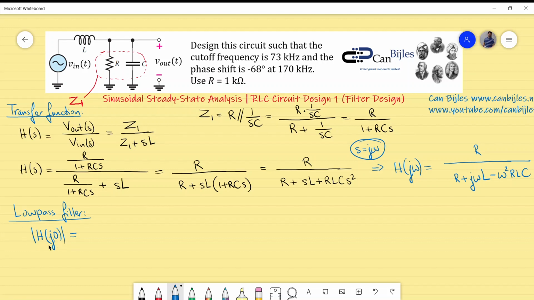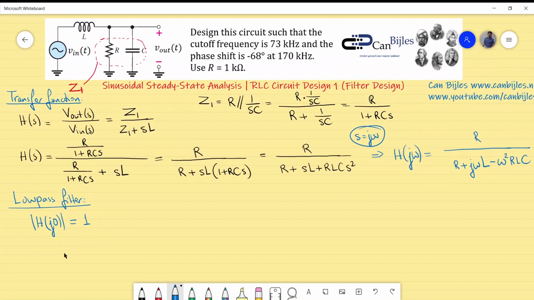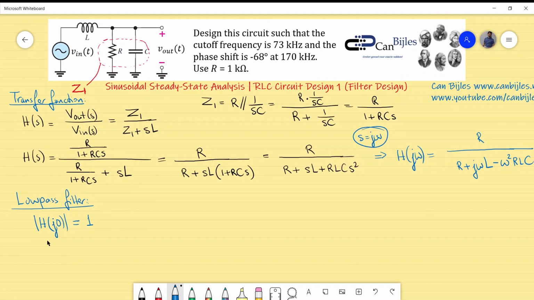So your gain at 0, which is actually shown here, 0 radians per second or 0 hertz, doesn't matter, is just 1. And the definition of the cutoff frequency, because I am heading to the cutoff frequency using this definition, means actually the following: what is the gain at your DC, so that means actually in this case 1, and multiply that by 1 over square root of 2, that will define your cutoff frequency.